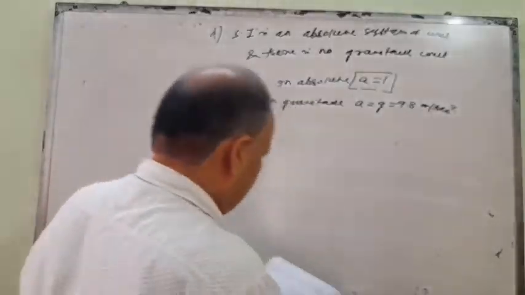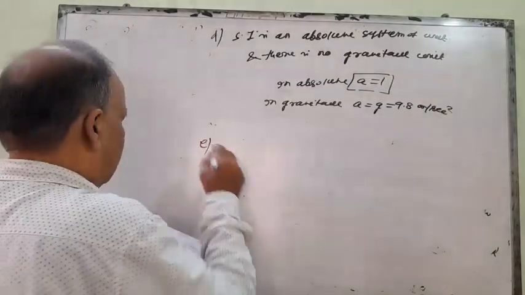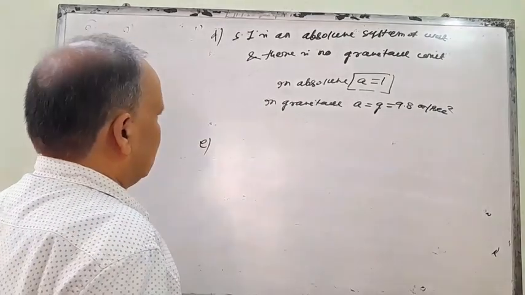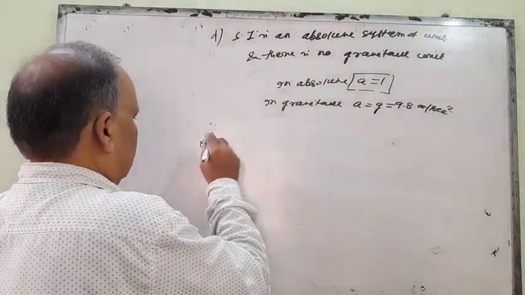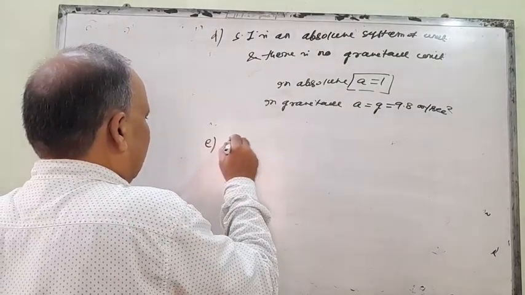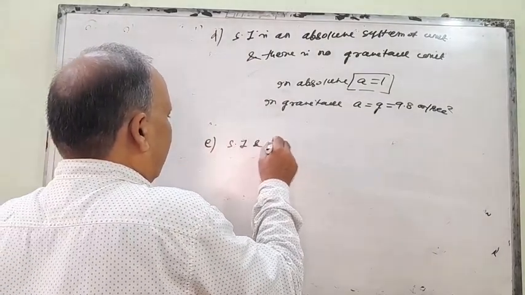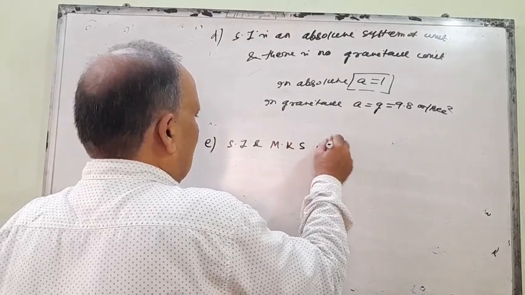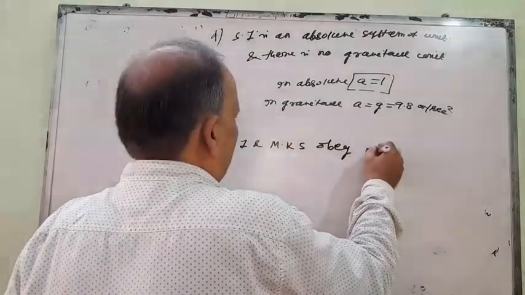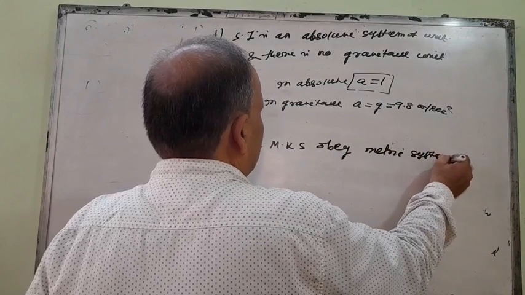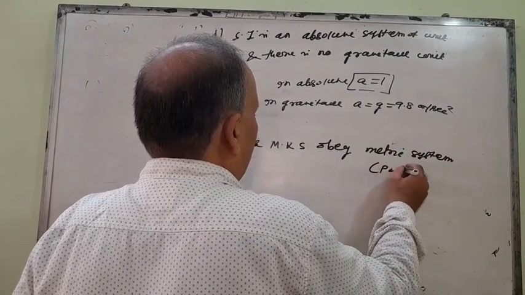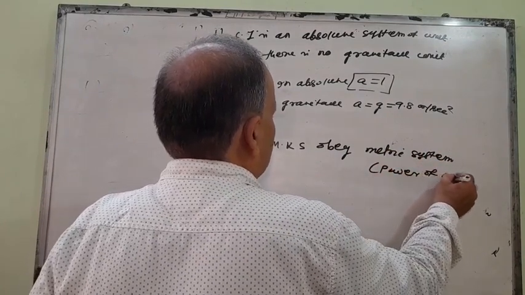And I am telling you another point. Both have the same concept. SI and MKS obey the metric system. Metric system means power of 10 measurement.